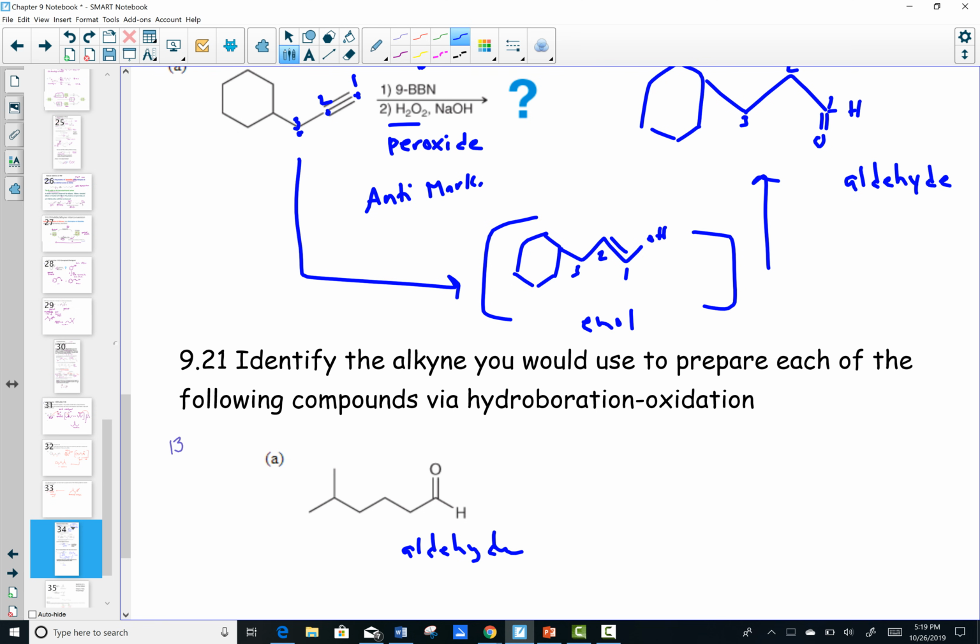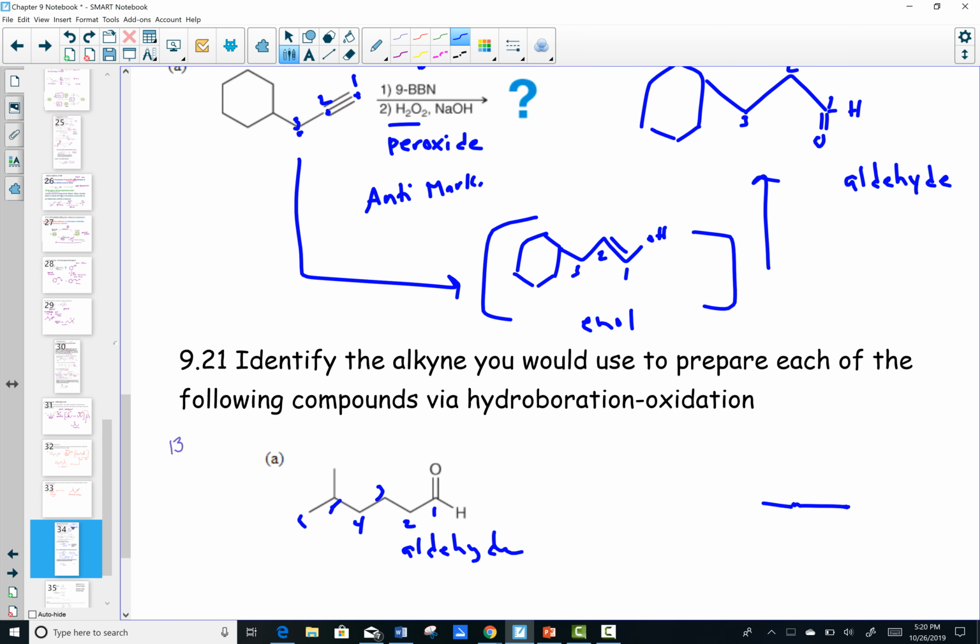Boron with peroxide needs to be on the arrow somewhere, right? But as I'm just asking you, what would the original alkyne need to look like? So I have 1, 2, 3, 4, 5, 6 carbons in this carbon chain. And between carbon 1 and 2 is going to be a triple bond. So I'm going to draw, here's carbon 1 to carbon 2.